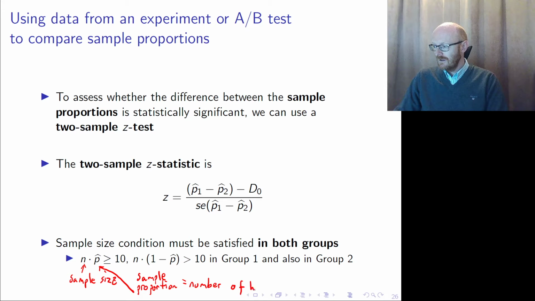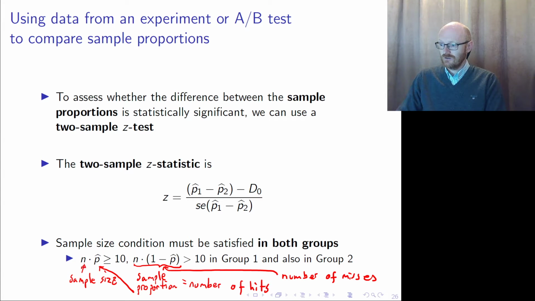And this is the number of misses. So what we can see is that we have to have a certain distribution between hits and misses to be able to use this inference model.